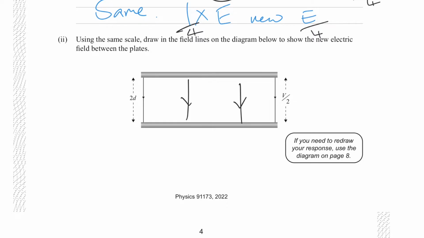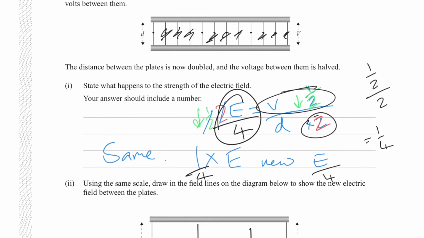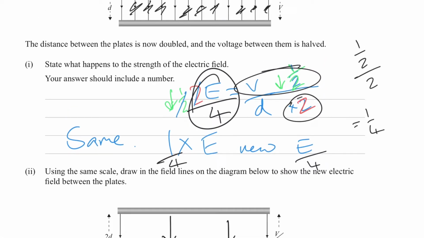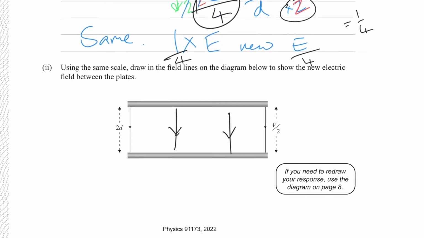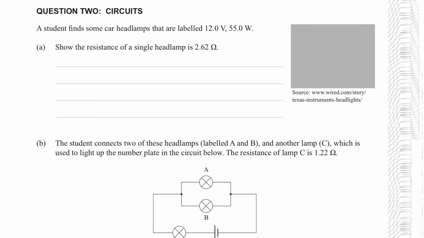That's even probably a bit too much. Okay. And same direction though, so arrows are pointing in the direction that a positive charge would experience a force, and that's your new electric field strength. So this one is E, and this one down here, whoops, is E by 4.